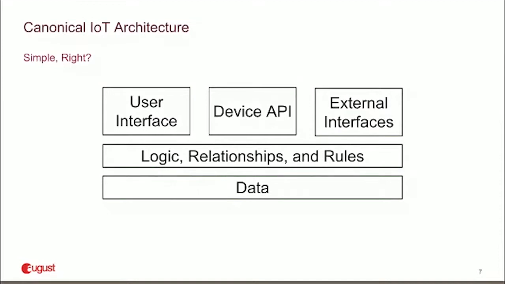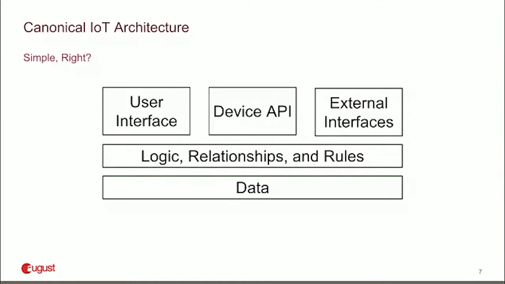So we've got to have a user interface. The products themselves need some interface back to a back end, where they either deliver their data or they get parameters for how they should operate. And then you have external interfaces. Unless you're going to do everything yourself, you need to interface with some external services. And in fact, we obviously interface with a number of external services.